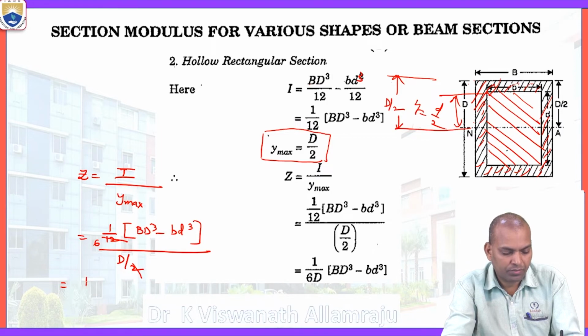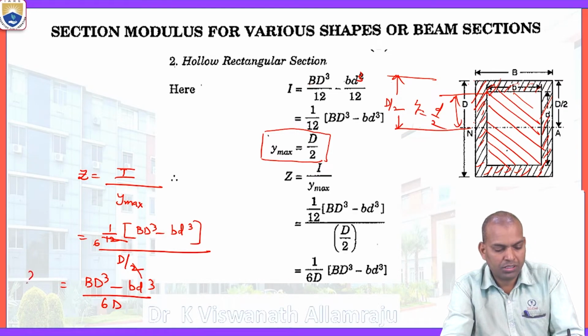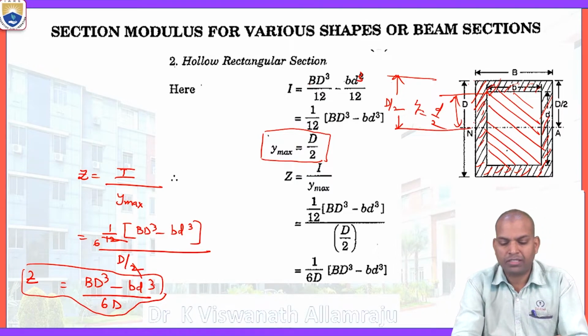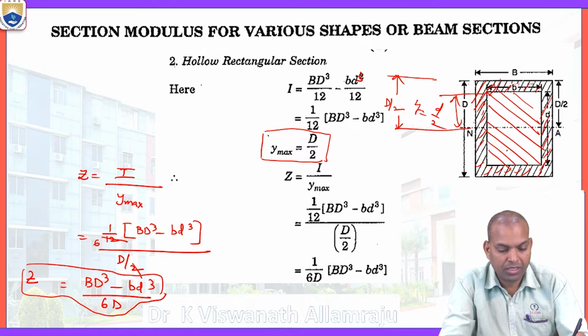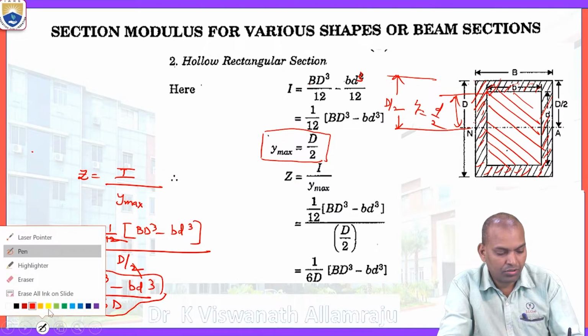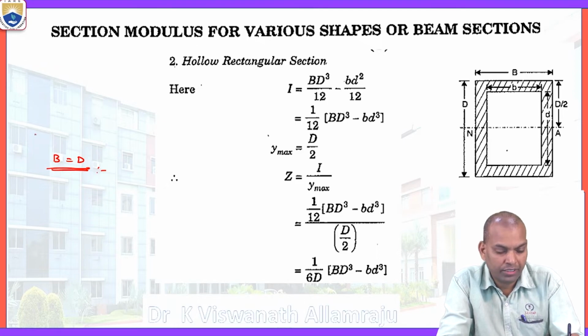The equation becomes BD cube minus small bd cube by 6 times D. So this is the section modulus for a hollow rectangular section. If you want to find the section modulus of a hollow square section, substitute b equal to d in the hollow rectangular section modulus formula. That is for the hollow square section.